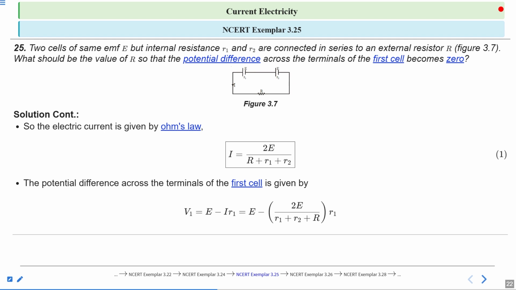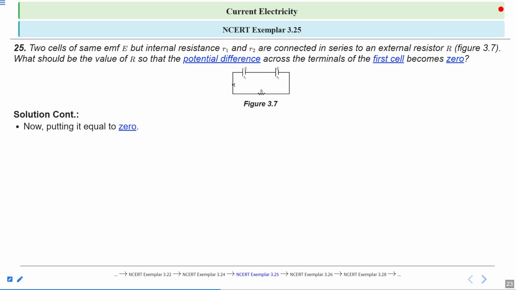So other than that condition, terminal potential is less than EMF. So V1 is equal to capital E minus IR1. IR1 is the potential drop across the internal resistance of the battery, equal to E minus, put the value of I in this equation. So 2E upon R1 plus R2 plus R into R1.